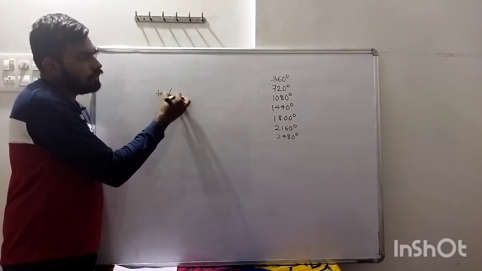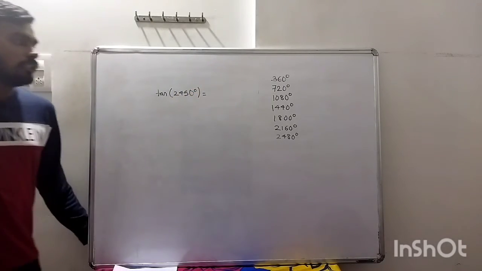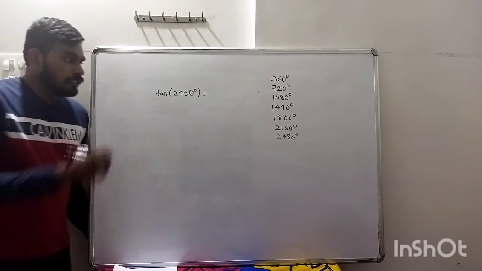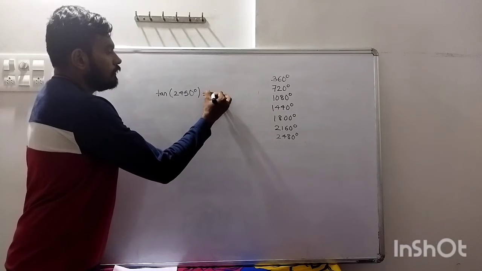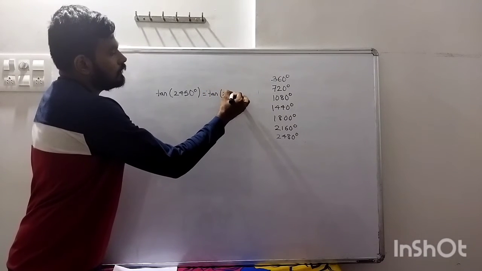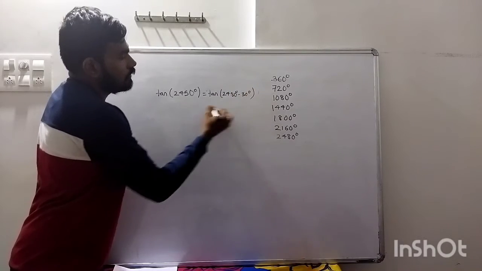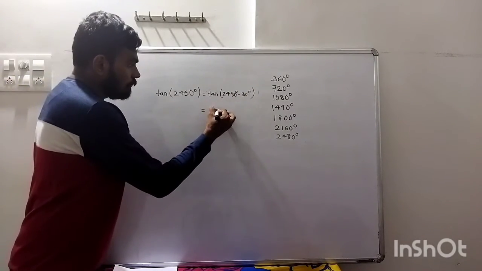Next, if you are asked tan of 2450 degrees. 2450 degrees is near this, but it is less than this, correct? How much less? 30 less. So tan of 2450 is tan of 2480 minus 30 degrees, correct? Understood? Now this is the same as tan of minus 30 degrees.